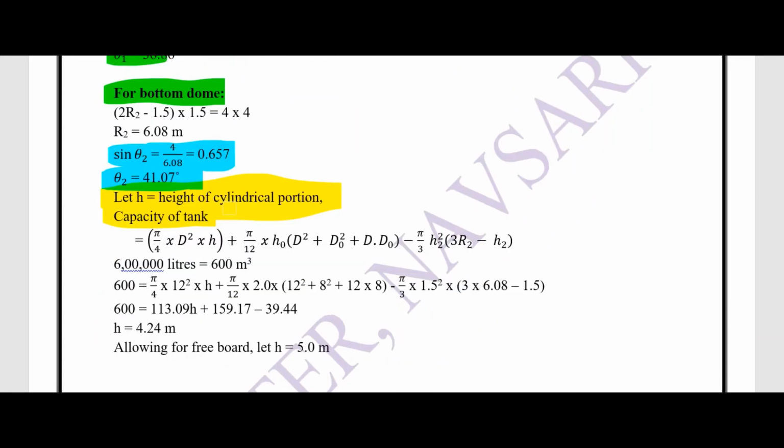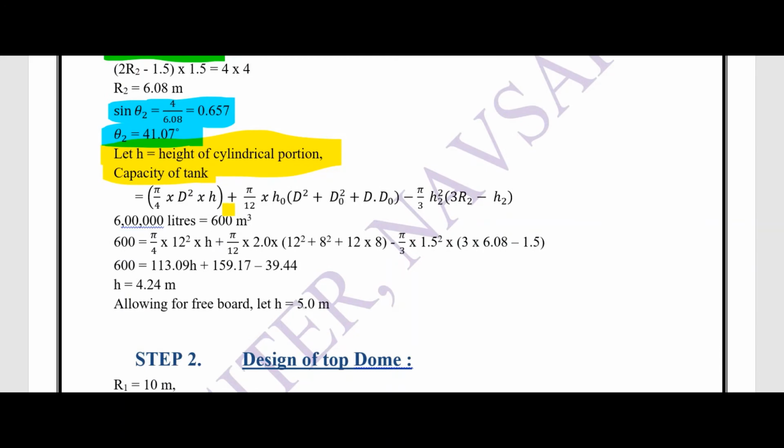So the capacity of tank. Here pi by 4 into d square into capital H gives the cylindrical portion. But the second one is pi by 12 into H0 into (d square plus d0 square plus d into d0).